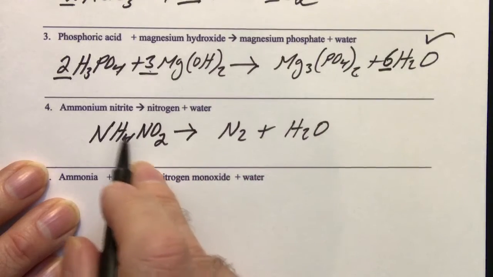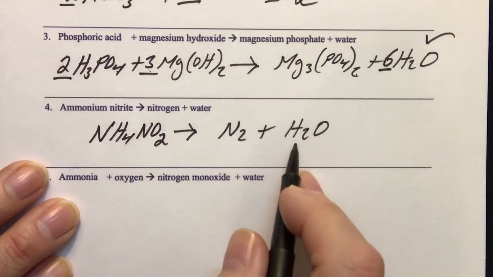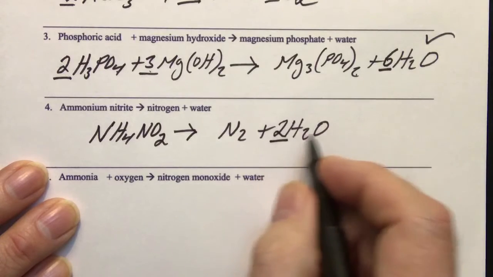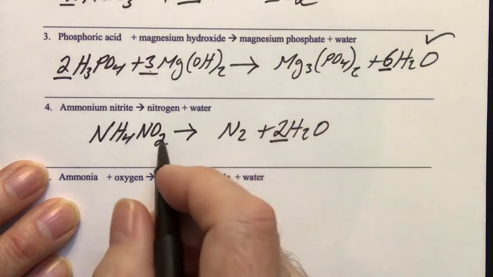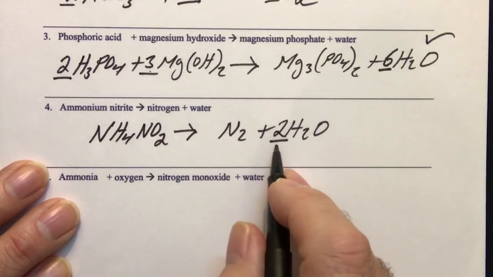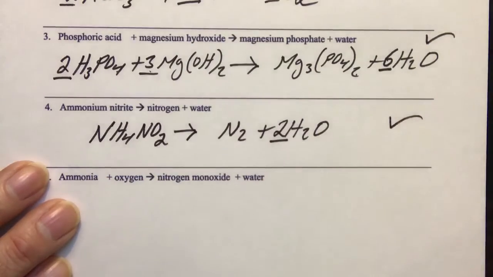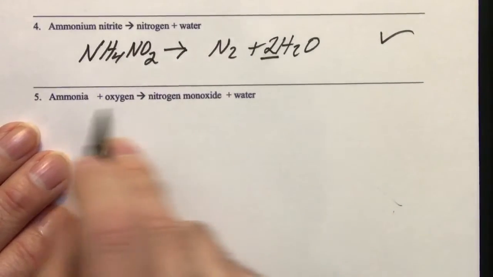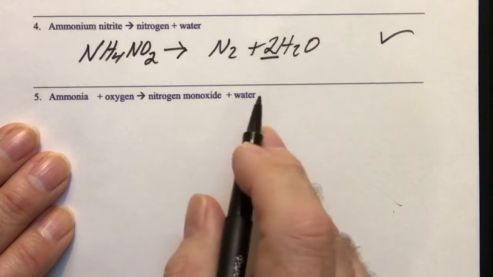You have 4 hydrogens, so over on this side to have 4 hydrogens, I would need to put a 2 here, which gives me 2 oxygens, which is what I have here. So that's all I needed to balance this equation was that 2. So that's good. Okay, and last, ammonia and oxygen produces nitrogen monoxide and water.